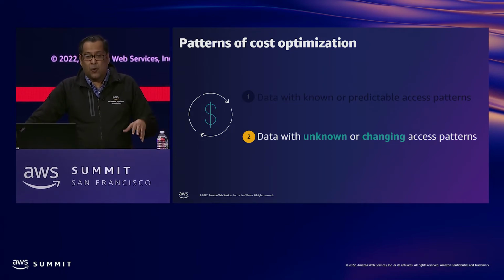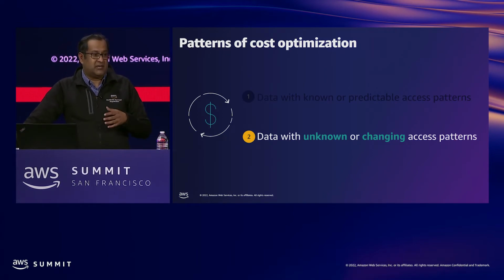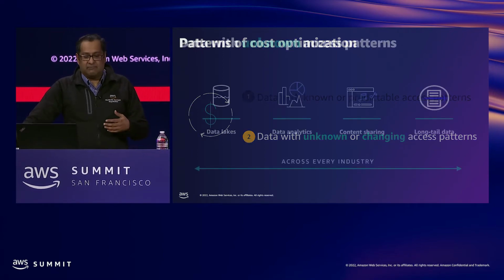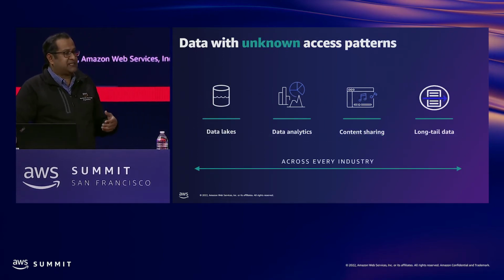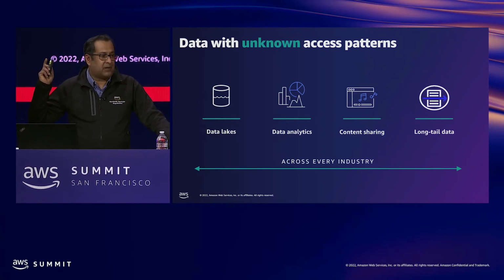Where the data becomes cold, you have different groups, you have different users, you have different applications accessing the same data set, and then it becomes hot again, it becomes cold again, warm again. There's no predictability of when the data becomes cold and it is constantly changing. And examples of that, like I said, were data lakes, analytics, even content sharing, right? So for each one of those, there's a different strategy on how you use the different storage classes that we talked about in the previous slides.